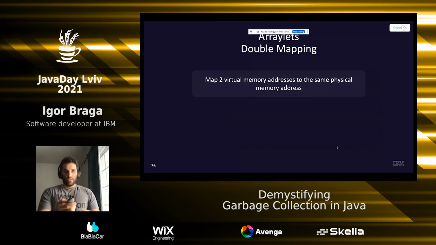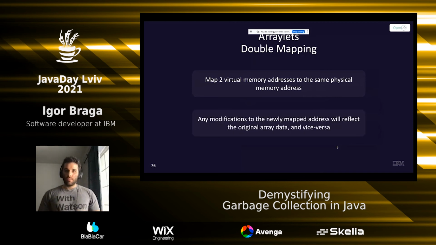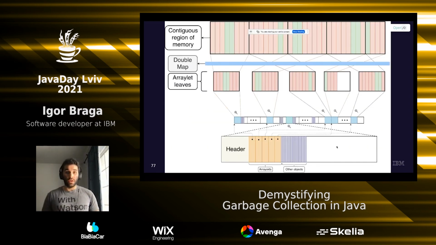Like I said, we map two virtual addresses to the same physical memory. And the nice thing about this is that any modification to any of these virtual addresses is going to be reflected in the other virtual address, which is really cool, right? This is how the double mapping would look. At the bottom, we have the different chunks of the array, and then we map that to a second virtual address to make it look contiguous.